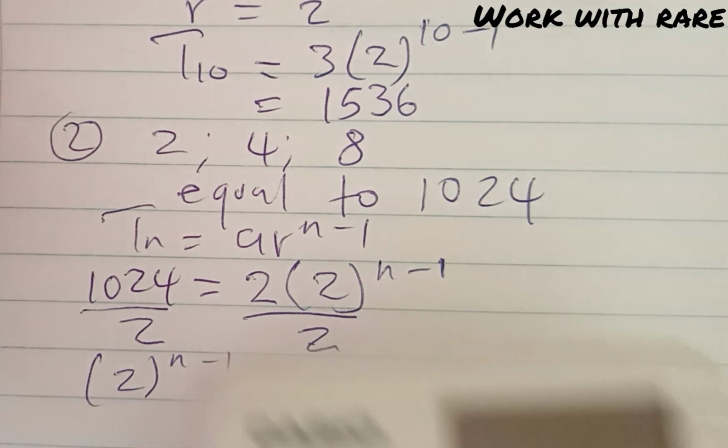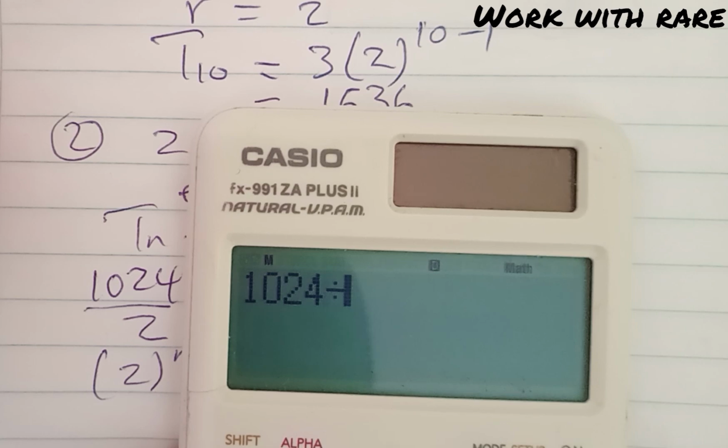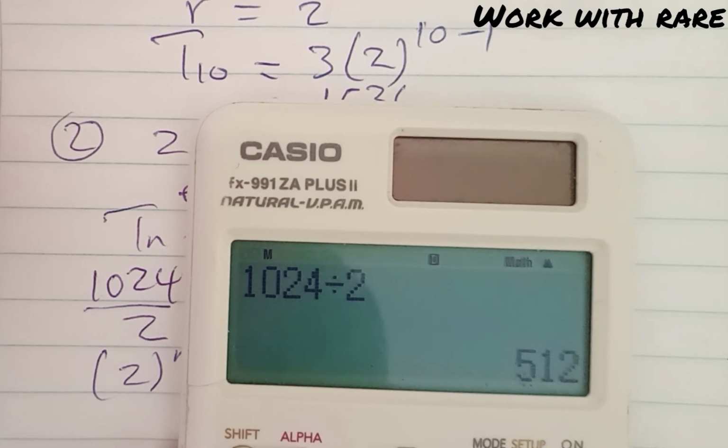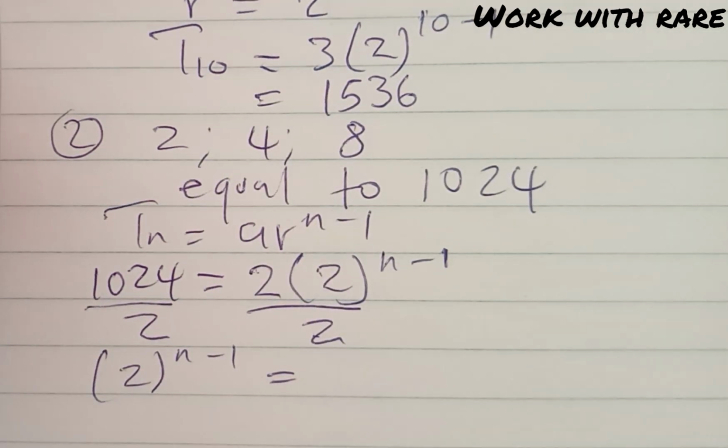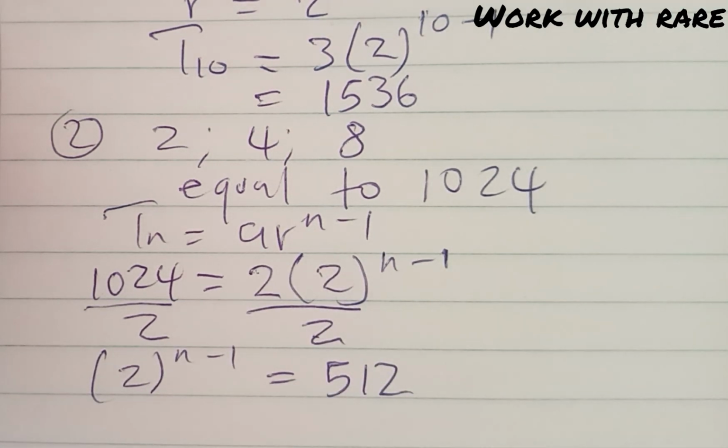So you press on your calculator 1024 divided by 2, how much? 512. So we have 512. After this step, the goal, remember, is to make n the subject of the formula. We want the value of n. That's our main goal, to get the value of n.